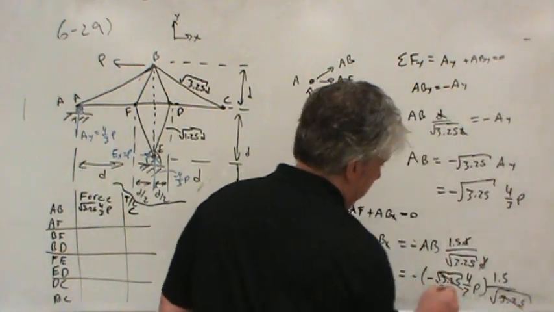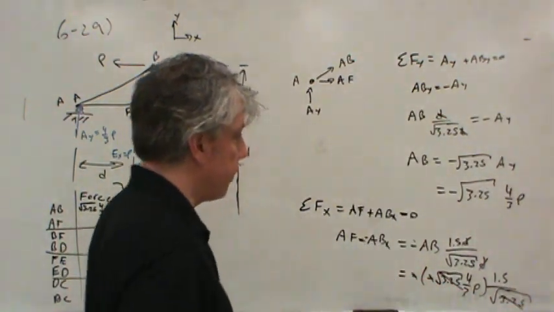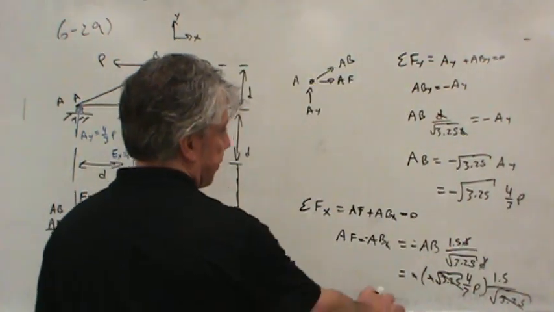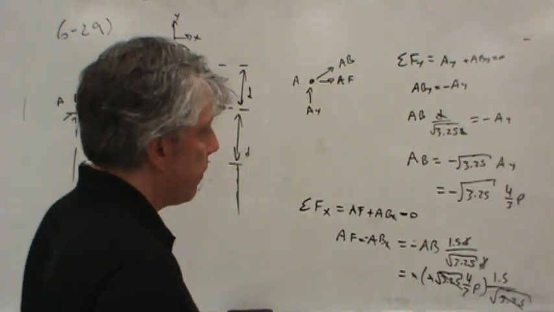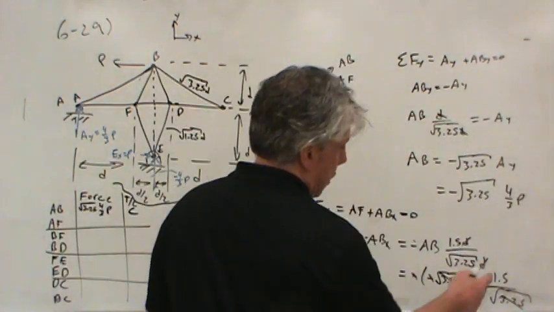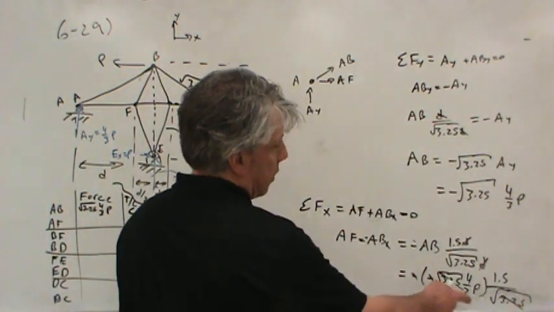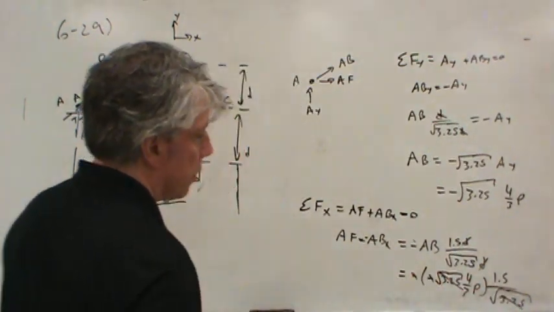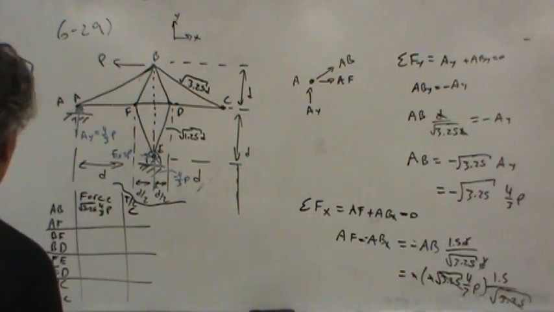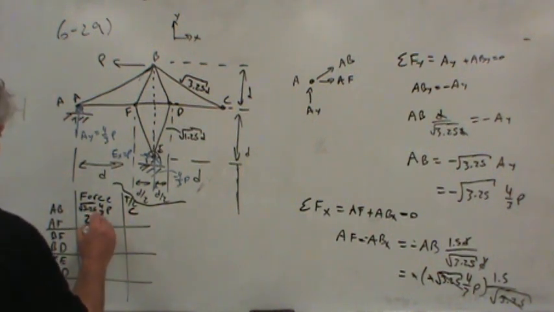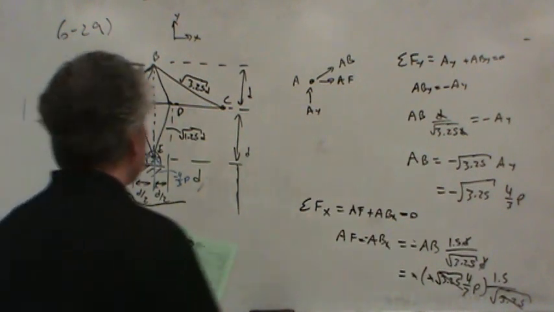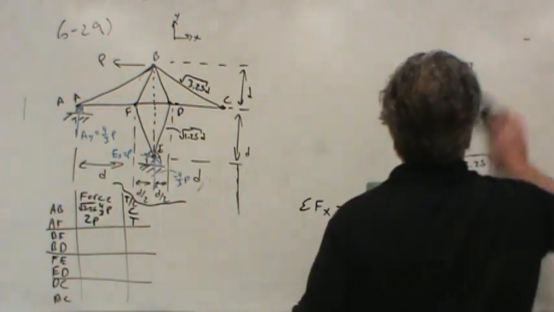So the 3.25's cancel, the negative signs cancel, and we just get 4 times 1.5 over 3P. Now that's something we can make sense of because, of course, 1.5 is 3 over 2, so we get 4 over 2P, in other words, 2P. So the magnitude of AF must simply be 2P. It's positive, so it's a tensile load. Okay? And that's all we can learn from point A.